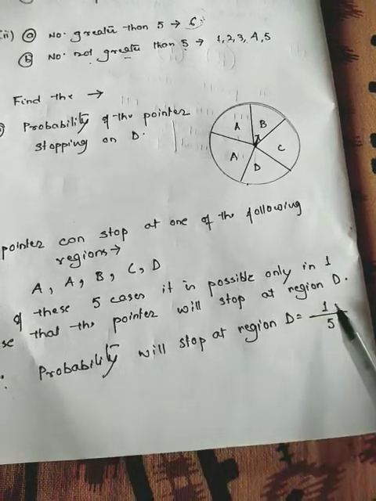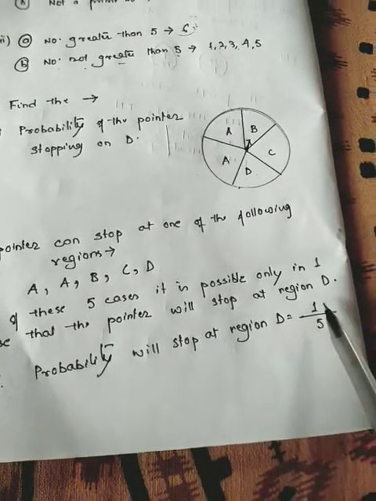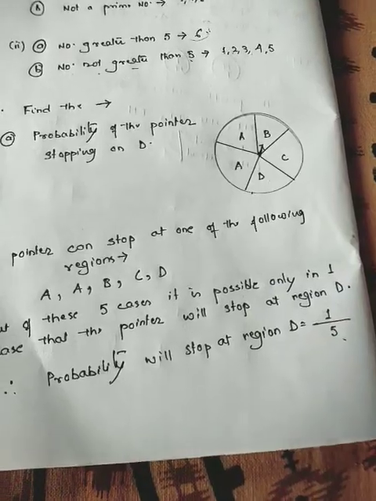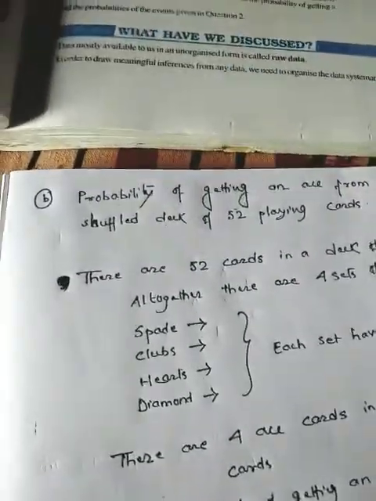So the probability is 1 upon 5. Out of 5 cases, it will happen only one time. So this is probability.